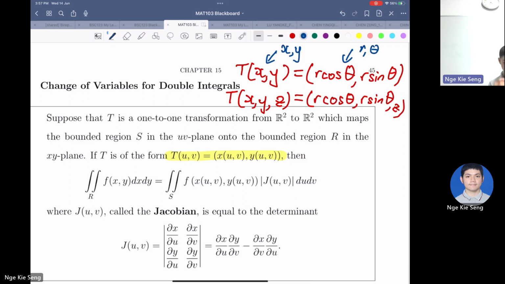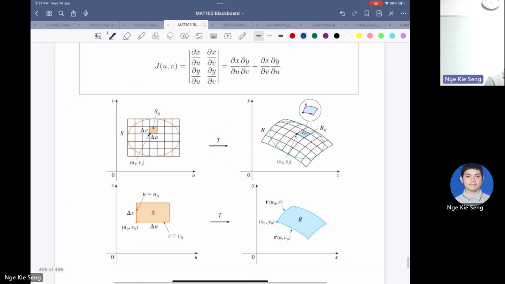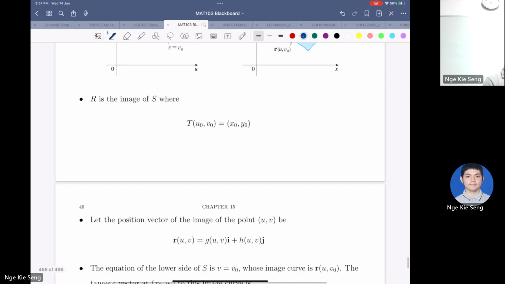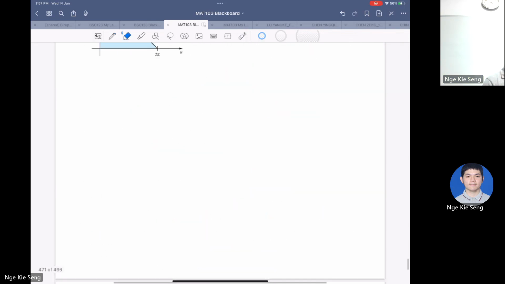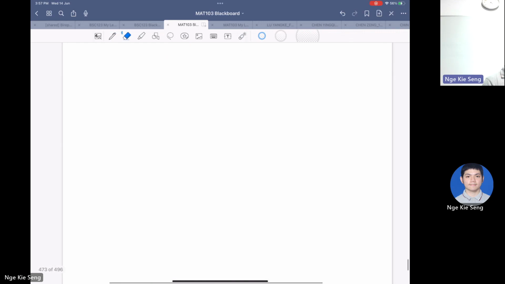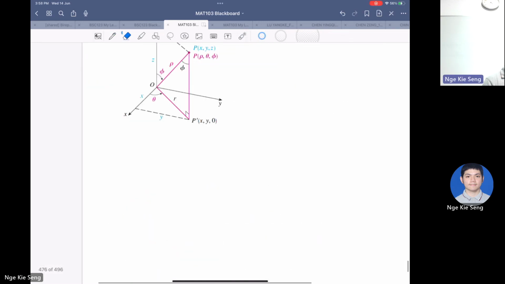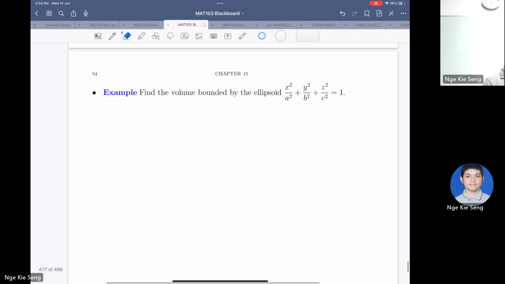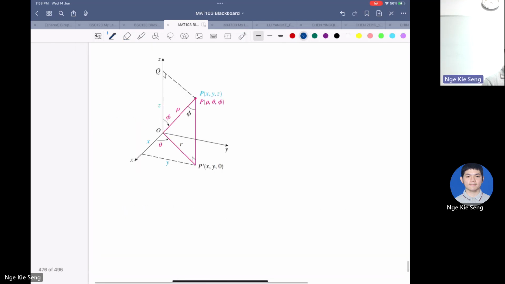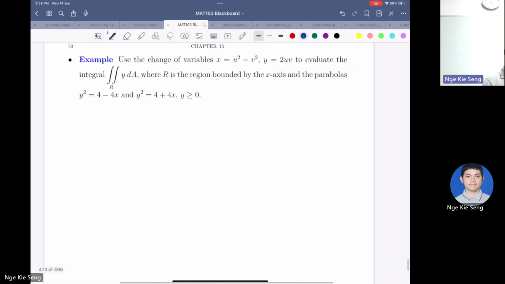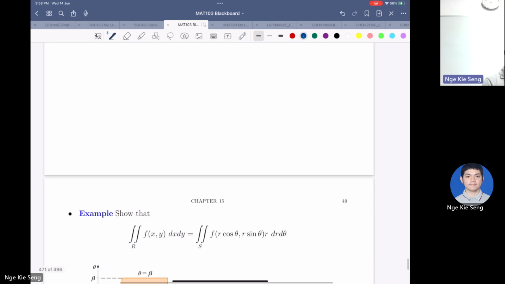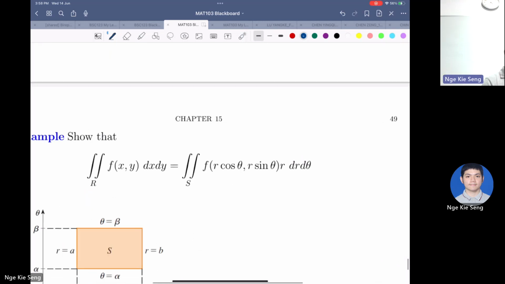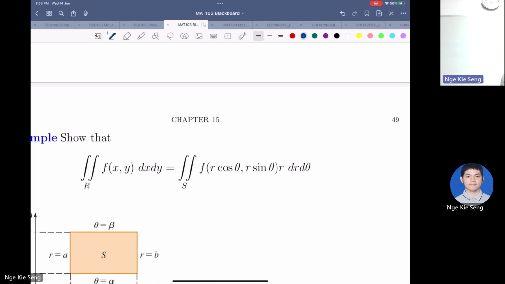Okay, so I think I'll show you an example. Let's talk about how this formula comes from. Let's take this as an example.